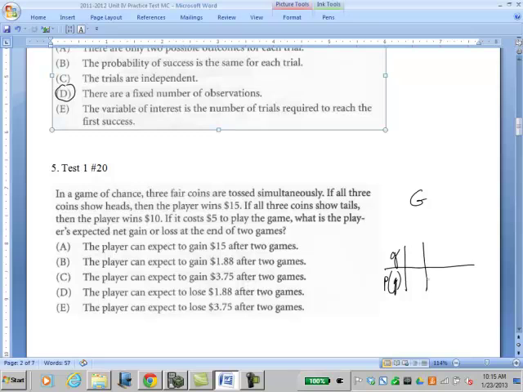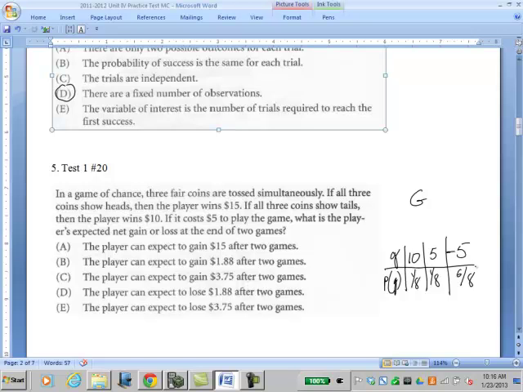Okay. So you can win 15, but it costs 5, so that's a net of 10, and the probability of that is 1/8. You can win 10, but it costs 5, so you can win $5, and the probability of that is 1/8. 3 tails. Or you can win nothing, having paid $5, which is -5, and the probability for that is 6/8 or 3/4.